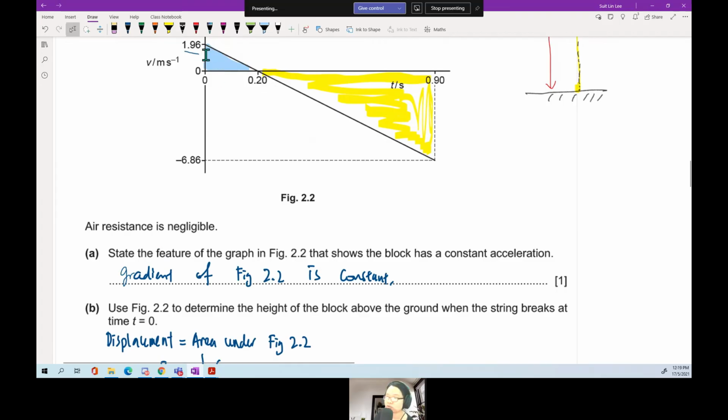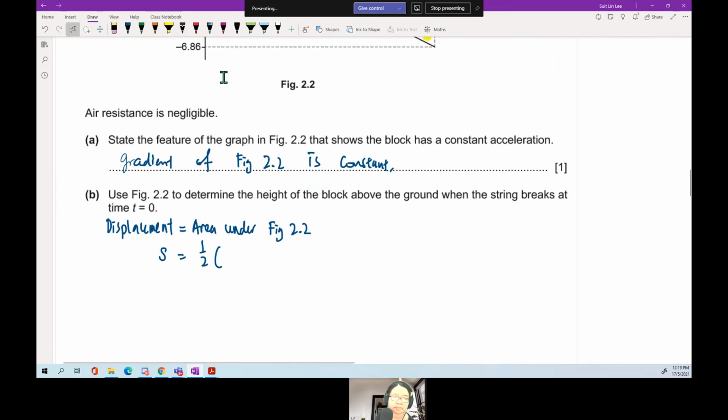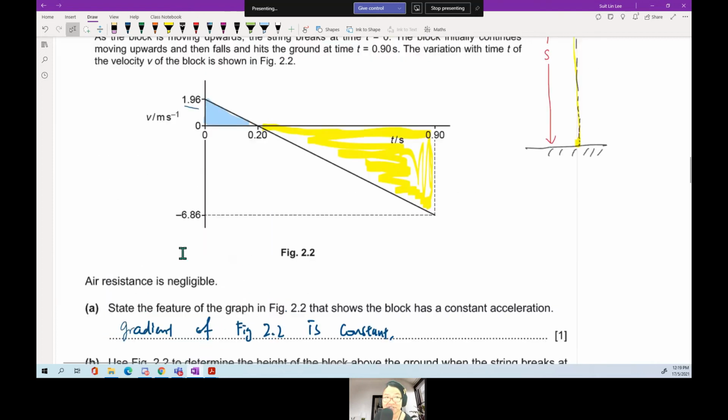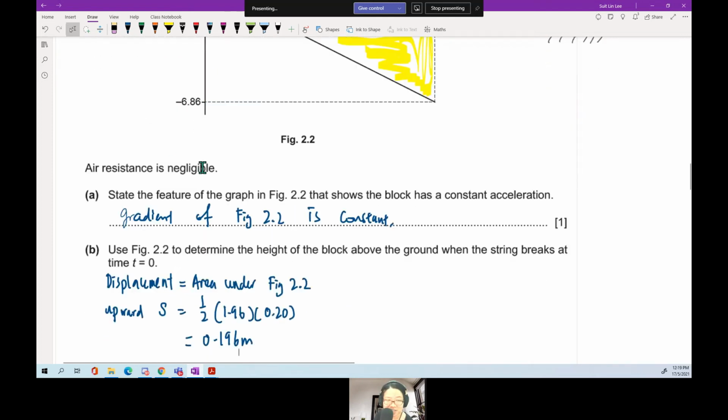So this one is moving up. So upward displacement is half times 1.96 times 0.20. This is 0.196 meter. Means here I can round to 2SF. I suggest you don't round first lah. You see this one, they write 3SF, 1.96, you keep 3SF, okay?